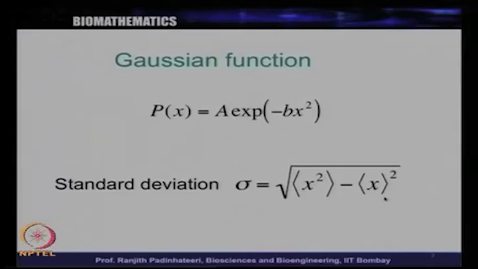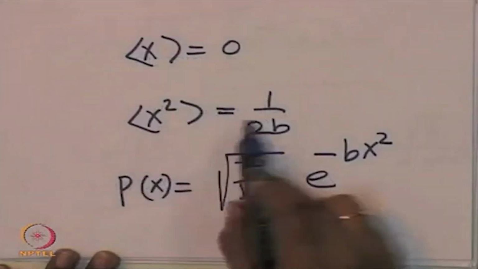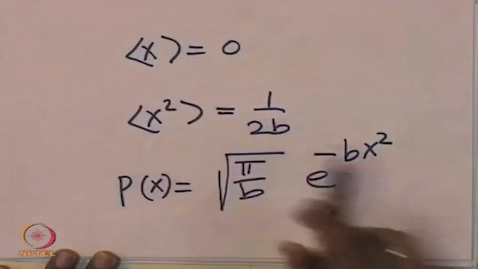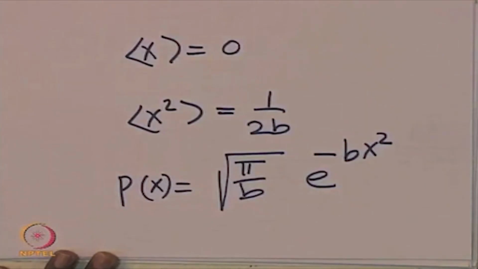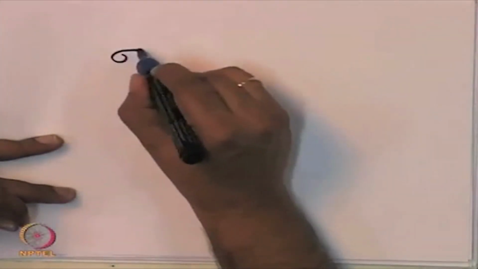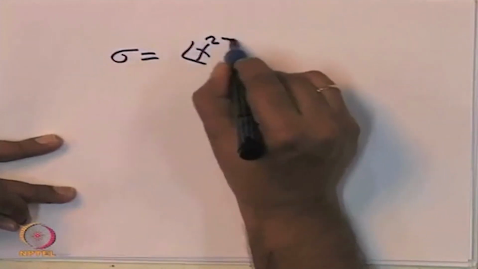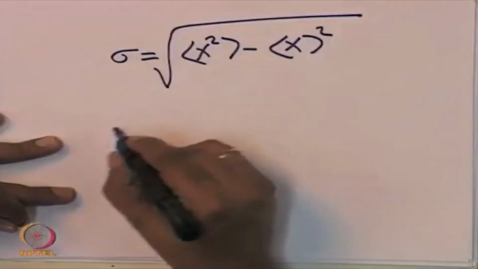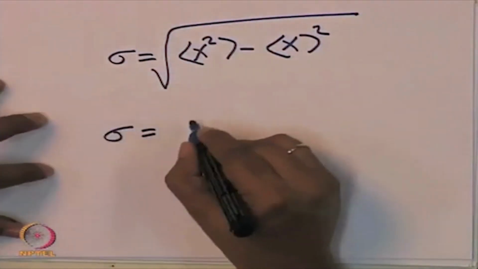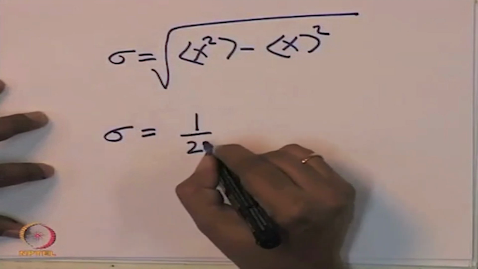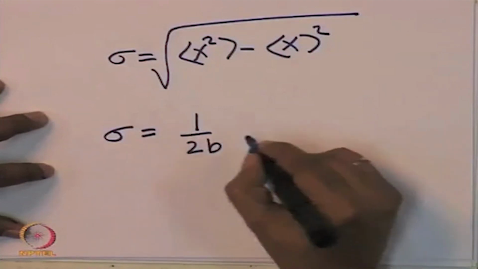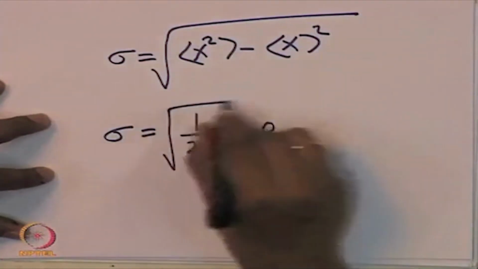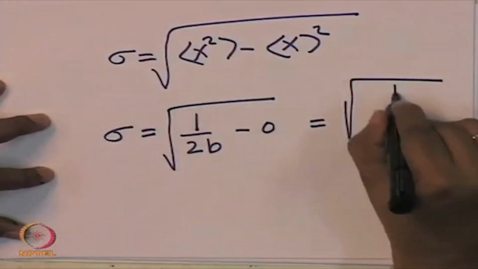Here x square average is this, x average is 0, so sigma is the root of 1 over 2b minus 0, which is 1 over 2b.